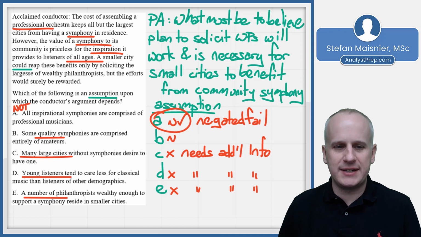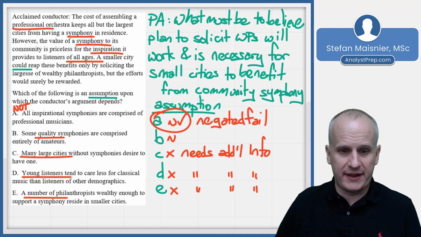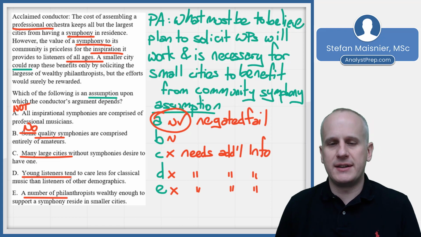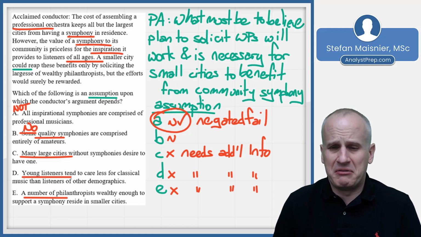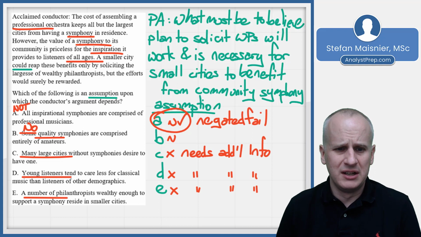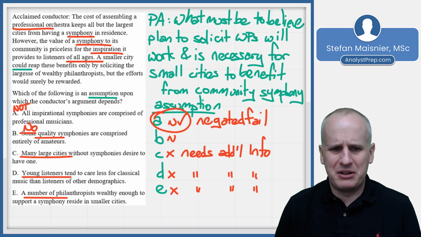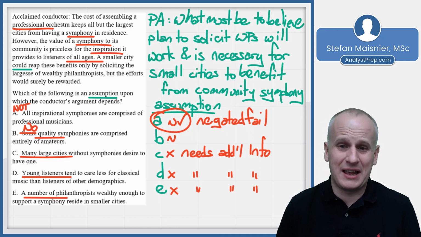Whereas if we take a look at choice B, we know that the technically opposing quantity to some is in fact none. And we say no quality symphonies, as negation, are comprised entirely of amateurs. Okay, so no quality symphonies are comprised entirely of amateurs. Well, we don't need to say that that's completely not possible, because saying that they're not comprised entirely of amateurs, well, honestly, that makes it seem like this argument's getting better because now it seems like we can't go get amateur people.